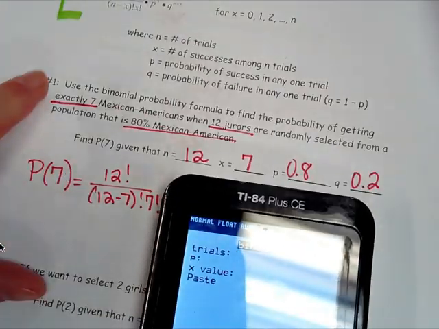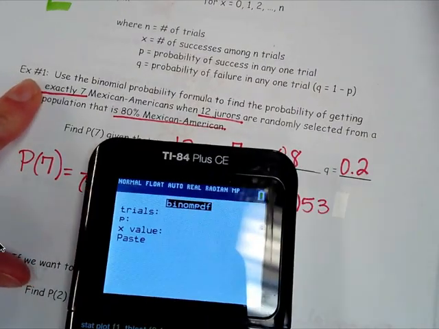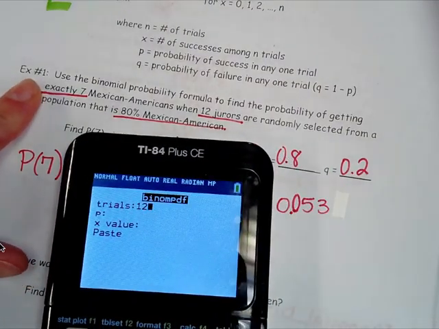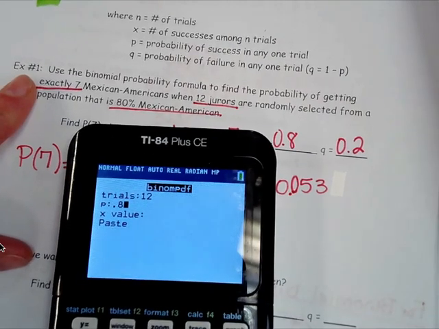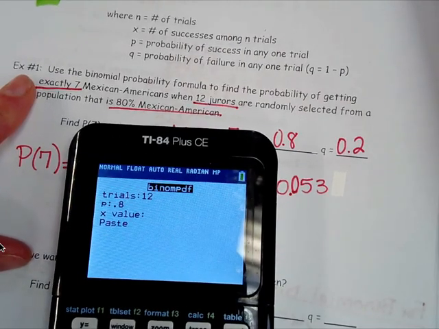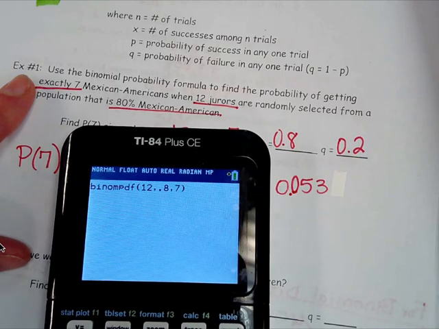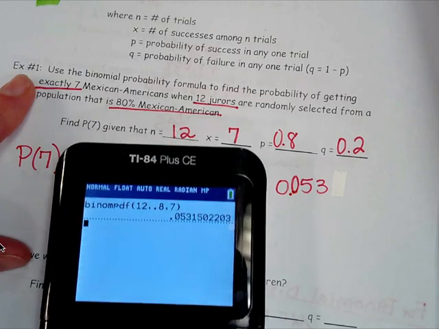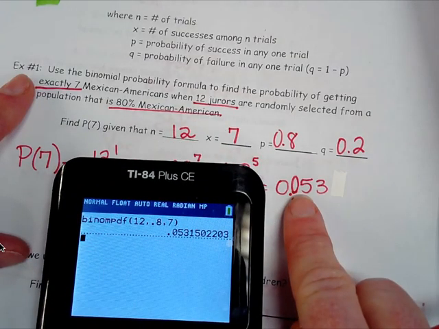So this is the example one. There were a total of 12 trials. Probability of success was 0.8. The x value that we were looking at was 7. We push enter, and it's 0.0531. It's the same thing that's here.